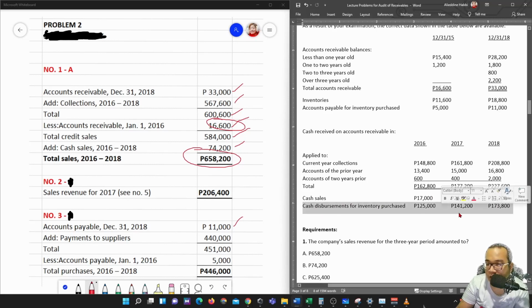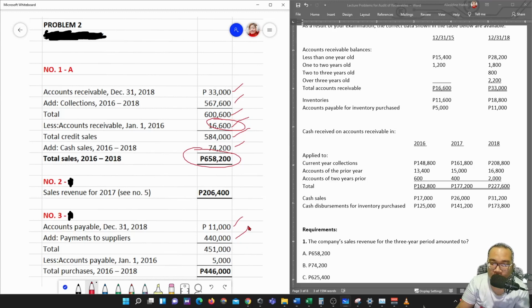So, add mo yung 125, 141,200, and 173,800. Okay, 440,000 yan. Add nyo itong tatlo, kasi cash disbursement for inventories that were purchased. So, instead na purchase on account, instead na accounts payable, binayaran mo na agad as cash. Kaya yan. So, yung total 451.